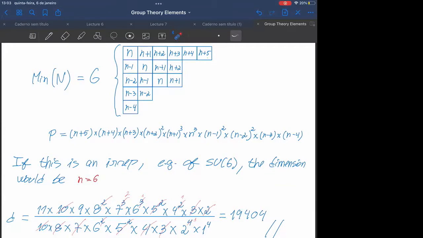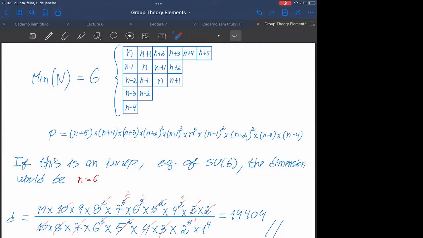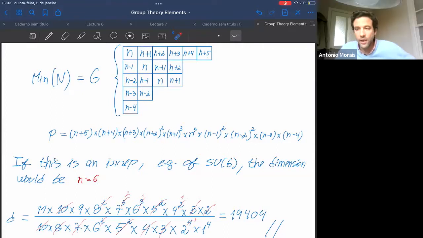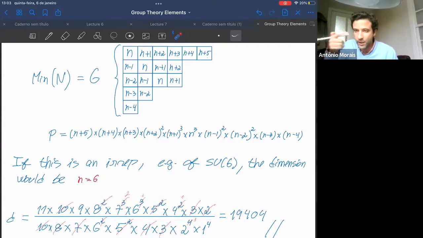If there is such a representation, the P factor is just n factorial. Exactly, if it's a column. That's the case of two cases, either the singlet or the one just before the singlet. We'll see it right now.